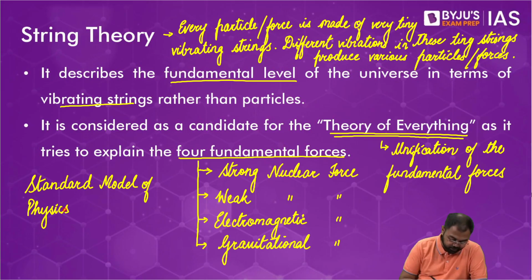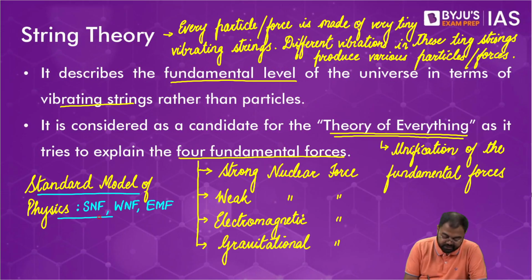So the standard model of physics is where we include the strong nuclear force, the weak nuclear force, and the electromagnetic force. When only these three are considered, it is called the standard model of physics.